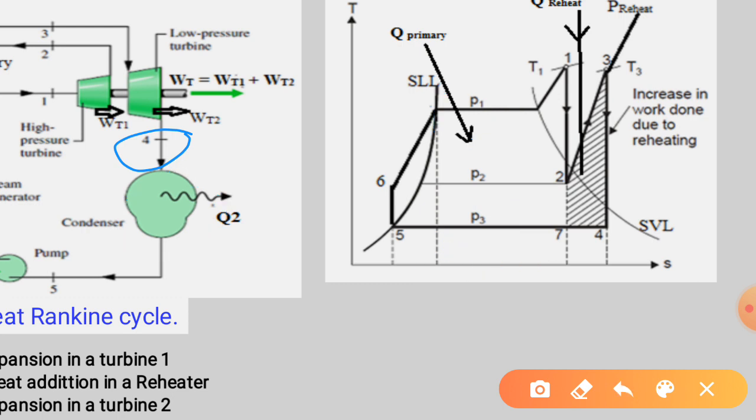The steam undergoes condensation from 4 to 5. Remember, at state 4 the steam is wet with high dryness fraction. At state 5 it is saturated liquid, at the pump inlet.